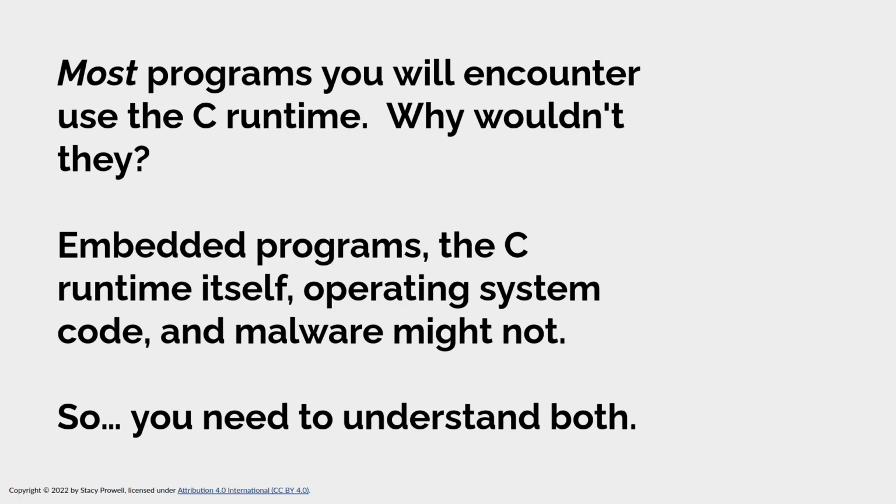They want to cheat in various ways, and so they need to not do that. Right? They want to either be small enough to fit inside a payload and be unsuspecting, or they want to do things that are difficult to do when you have the C runtime sitting in there. So the point of this is you need to understand both ways of operating to be able to understand how these programs operate.